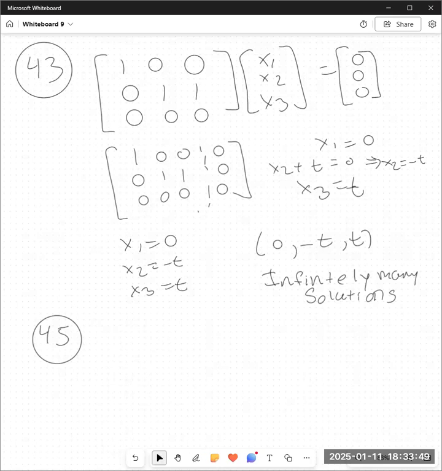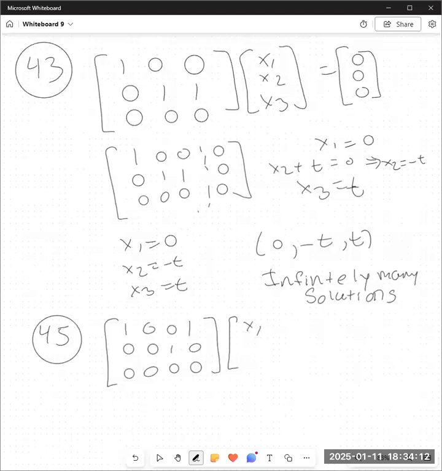But let's look at number 45. It says that I have 1, 0, 0, 1, 0, 0, 1, 0, and 0, 0, 0, 0. And again, they tell me that it's homogeneous. They just give me this much, which I know tells me that I have x1, x2, x3 equals 0, 0, 0.